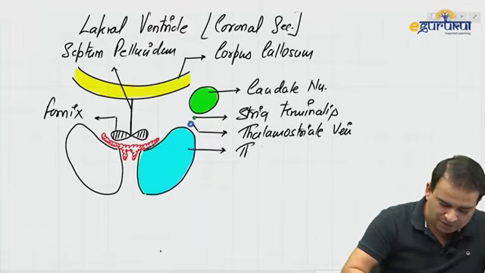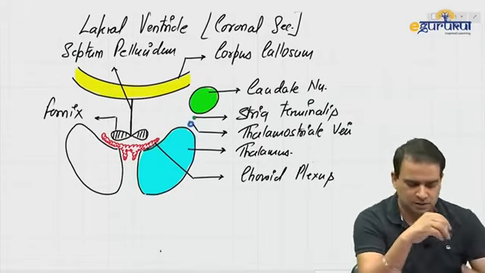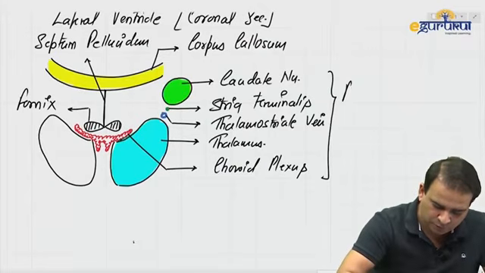Then we got the thalamus itself. And here we got the choroid plexus. That's the choroid plexus. All present in the floor.